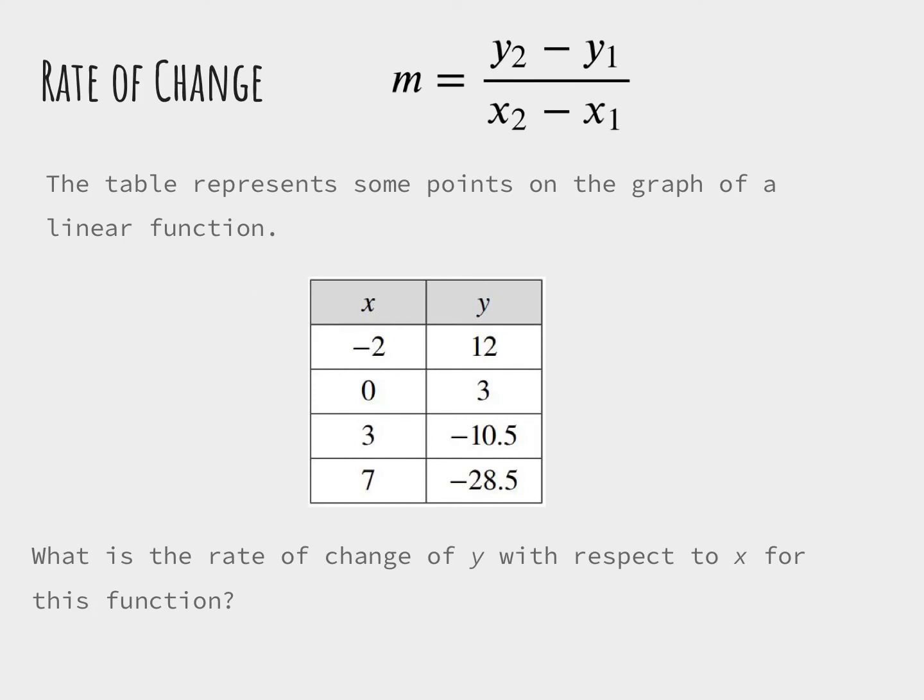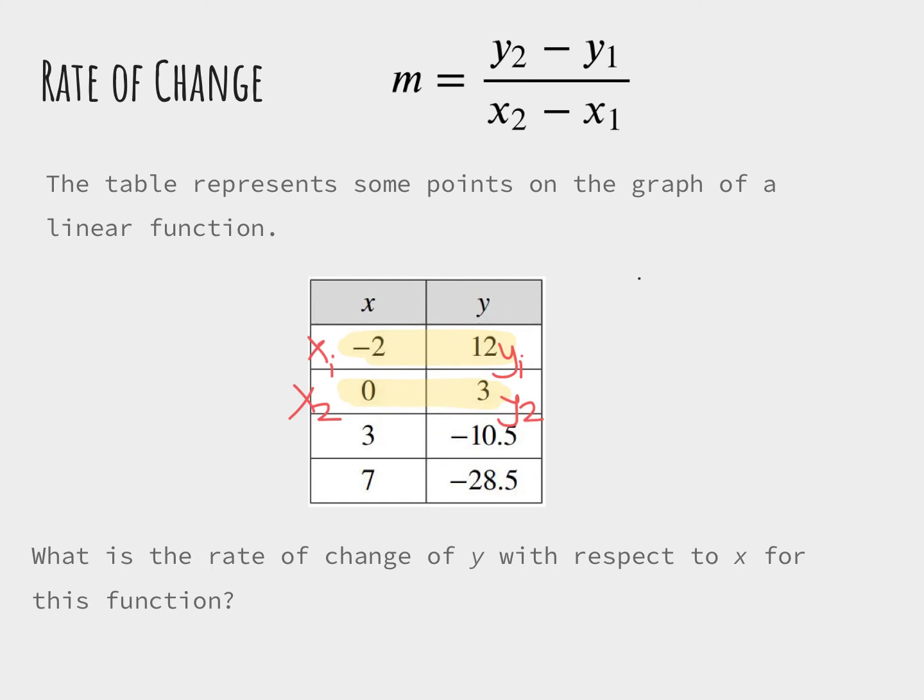Okay, we're going to do the same thing again, but now we're looking at a table. So you actually get to pick any 2 points from this table. I'm going to be real honest. I like to pick positive numbers and zeros if I can. So I'm going to pick those values, and I'm still going to label them x1 and y1, x2 and y2. It is still our change of y.